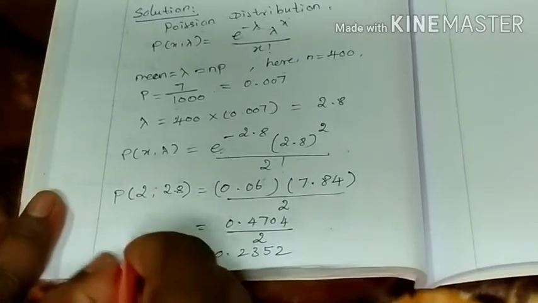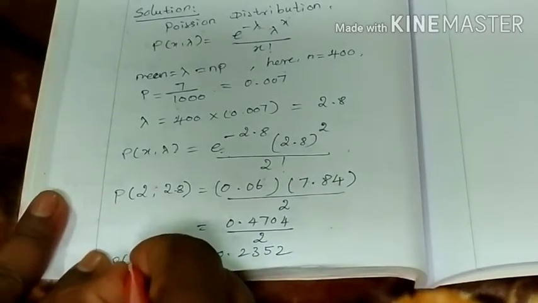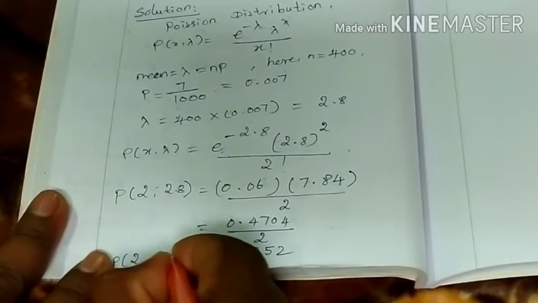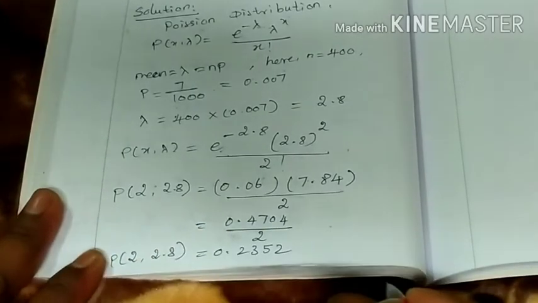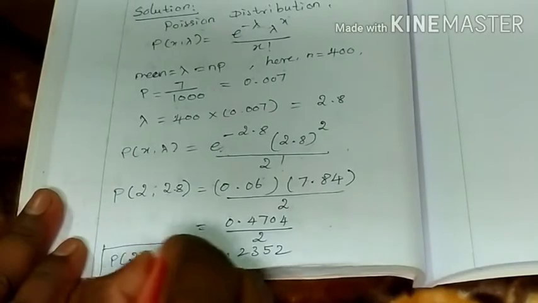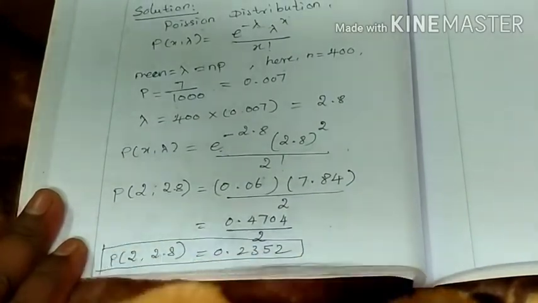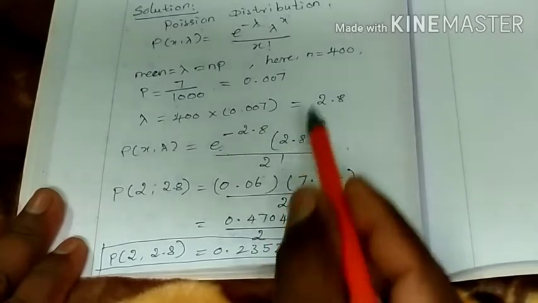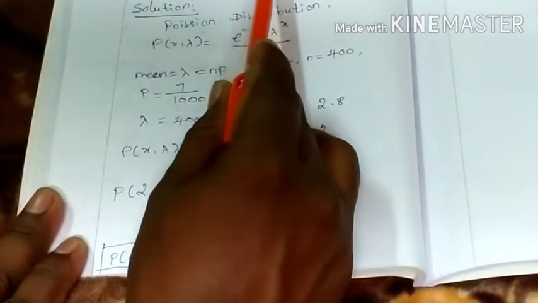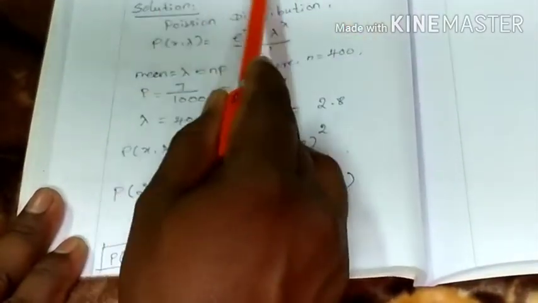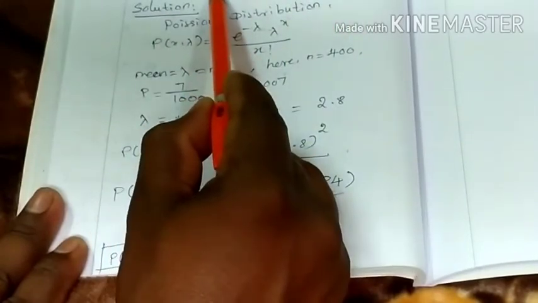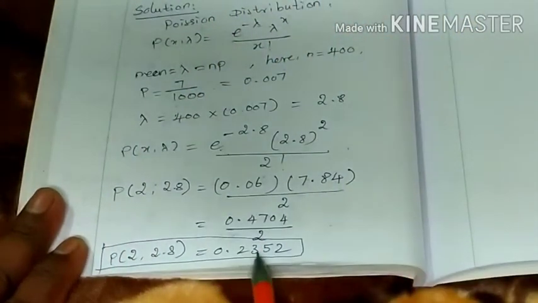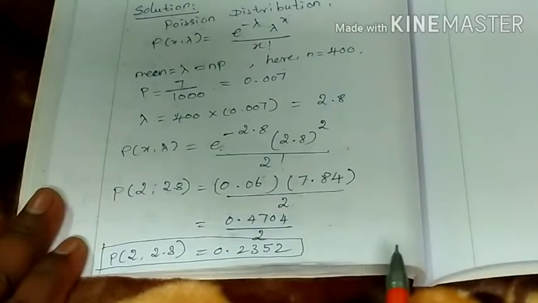Okay, this is your answer: the probability of 2 deaths with a mean of 2.8. That's all. The probability of just 2 deaths on account of this disease in a group of 400 is 0.2352.